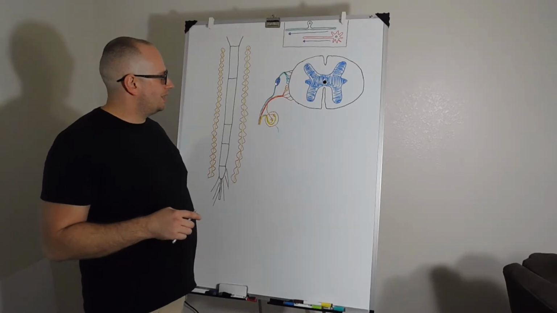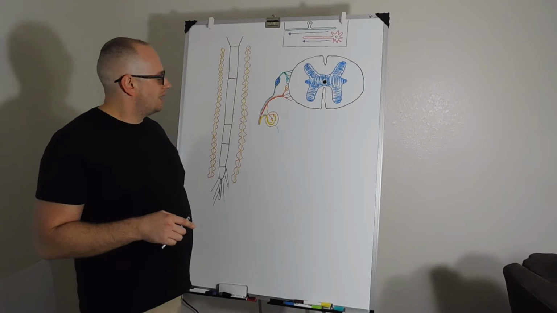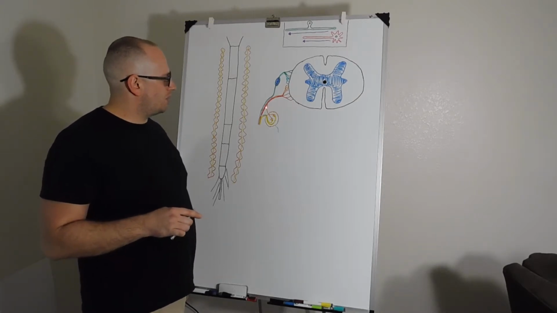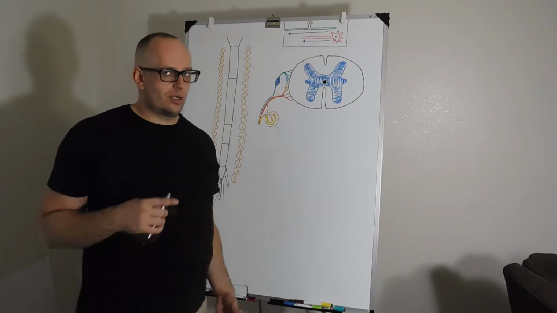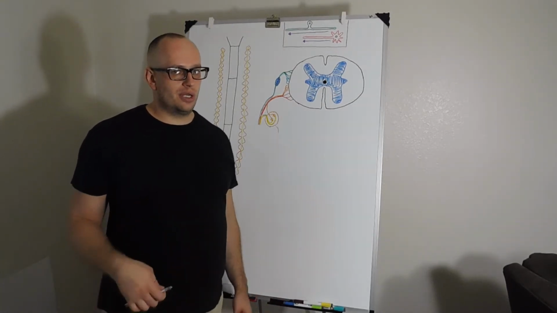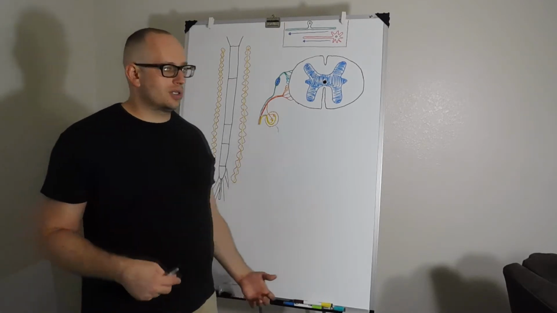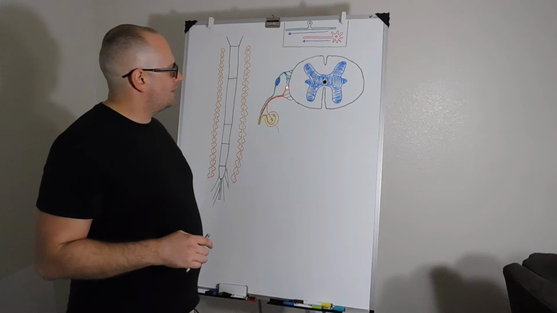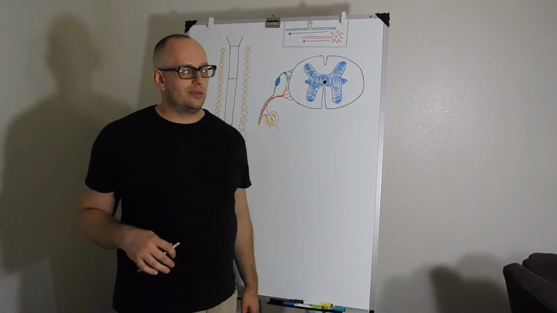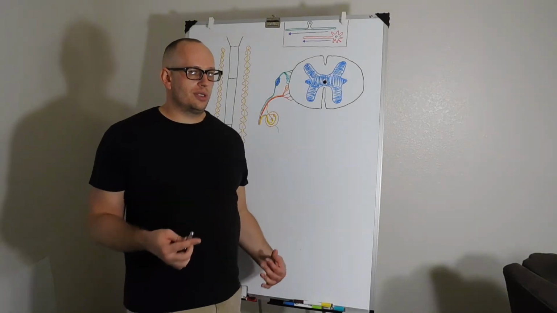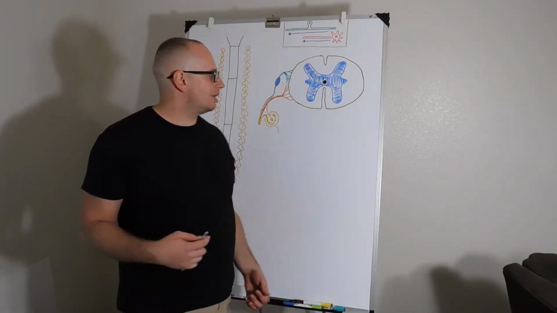And then the green is your somatic sensory information, and the red is your somatomotor information that you're consciously willing, or maybe that's also correcting your movements that you don't know about. But it's actually controlling skeletal muscle. The red is controlling skeletal muscle. The orange is controlling only smooth muscles, or maybe other neurons that control smooth muscles eventually.